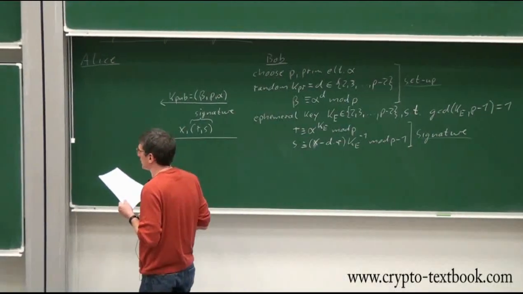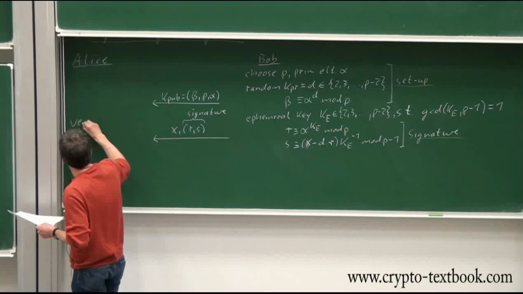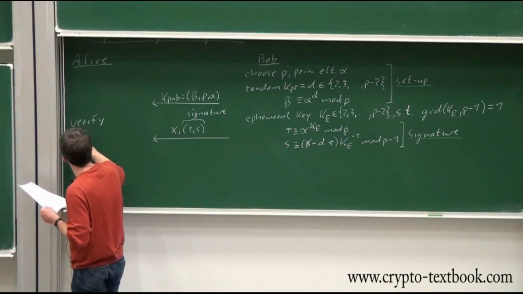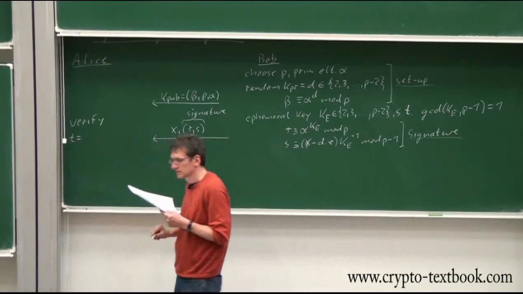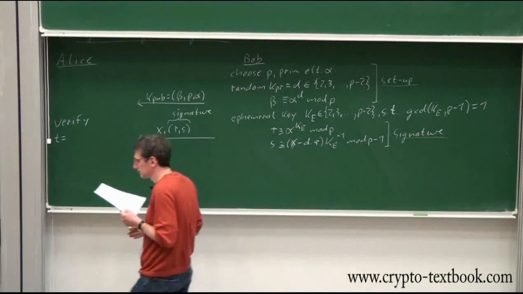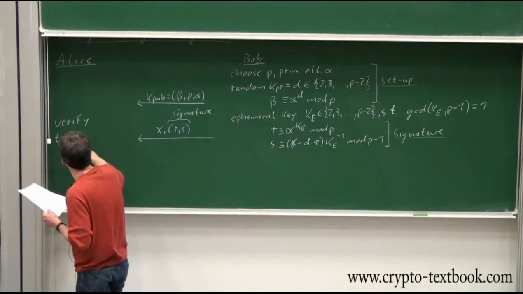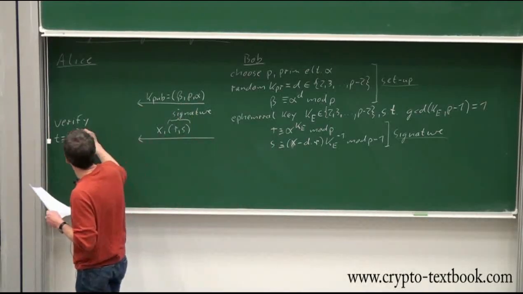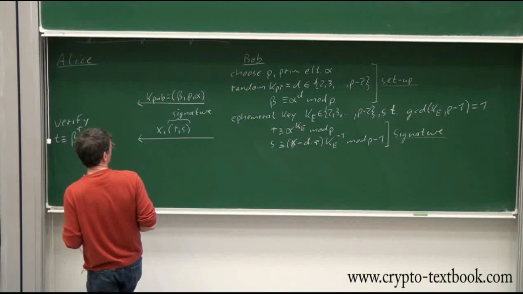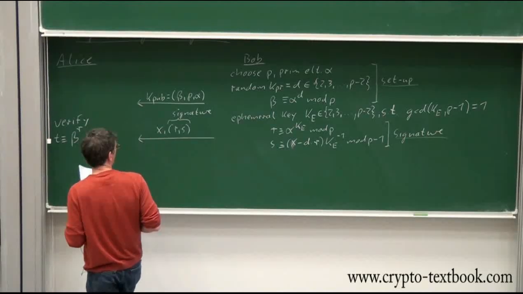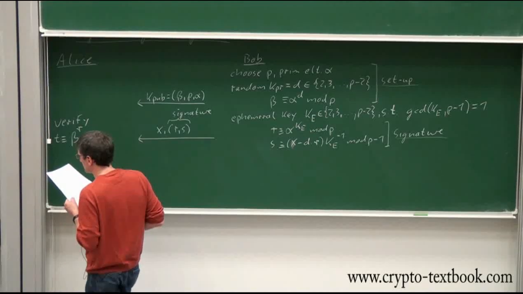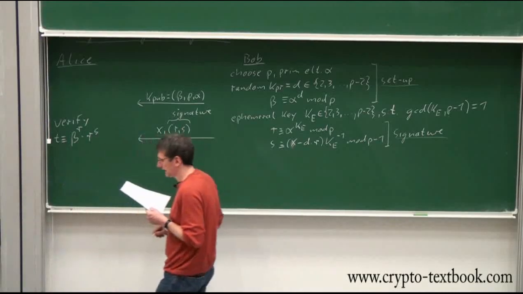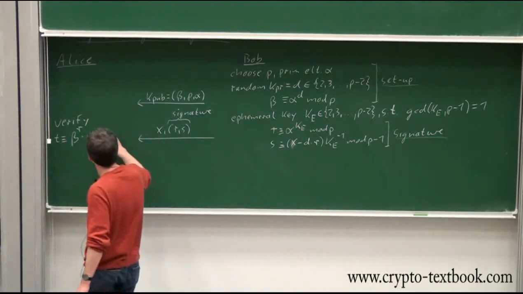Now upon reception, Alice has to verify. What does she do? She computes this auxiliary parameter T, which is beta, which is the public key, raised to the rth power, multiplied by R raised to the S power mod p.